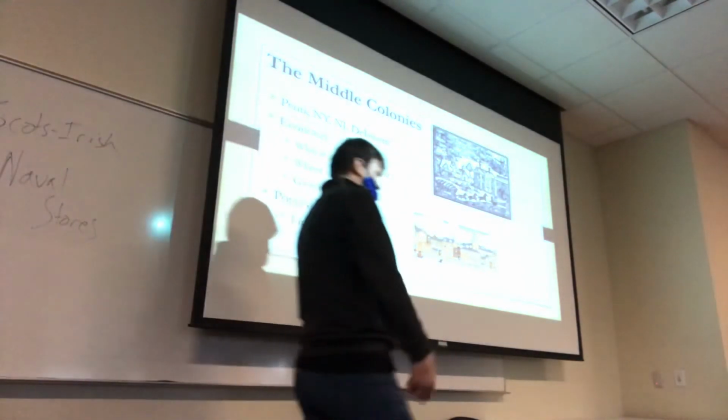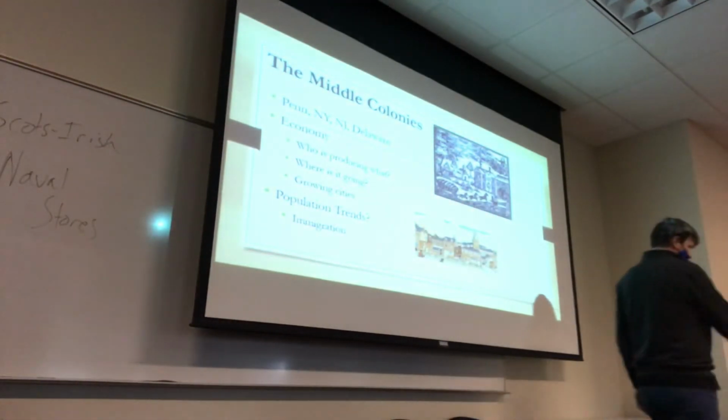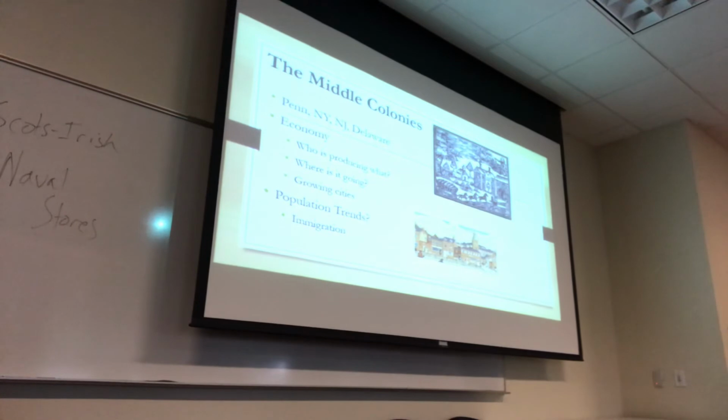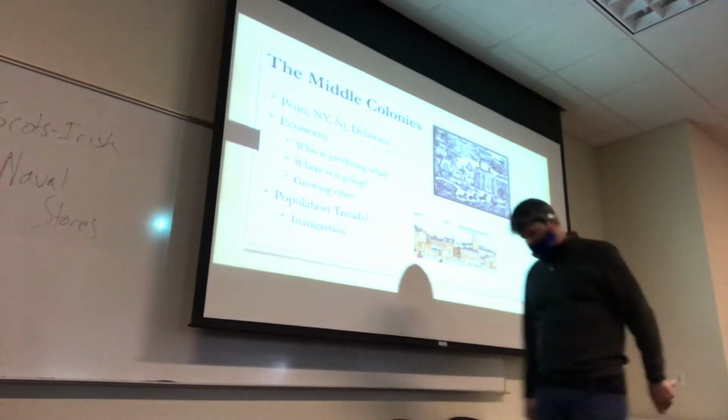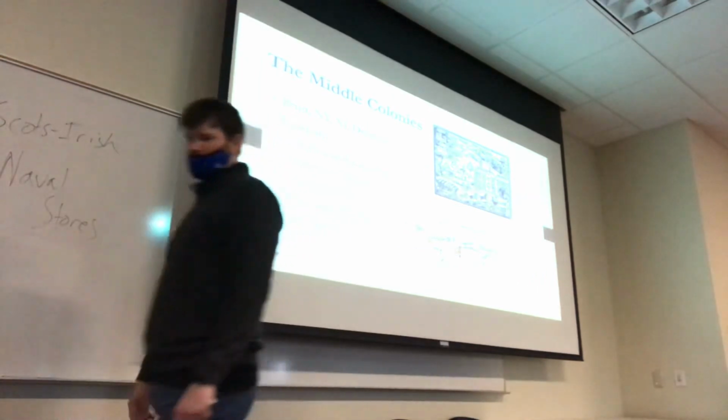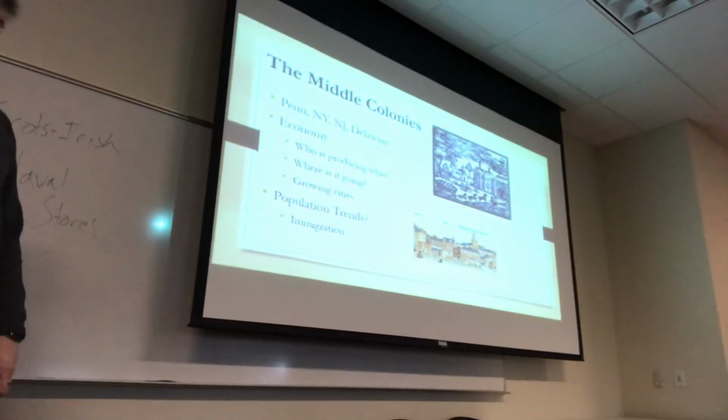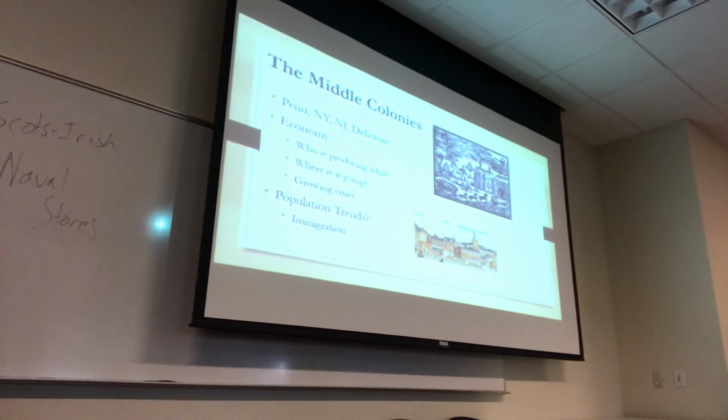Along with Boston, it will be a hub in later decades, as we'll see, of what would become revolutionary activity. It, for a time, would serve as the young American nation's capital. Home to influential colonists like Ben Franklin. In later years, a hub of abolitionist activity during the years leading up to the American Civil War. And only really overtaken by New York in the age of industrialization later in the 1800s.